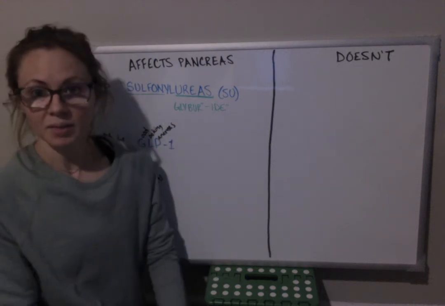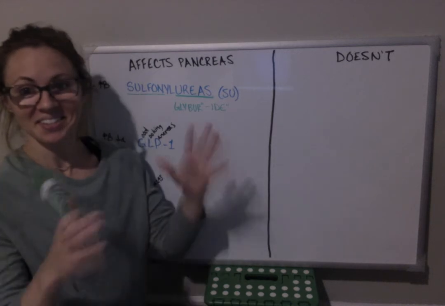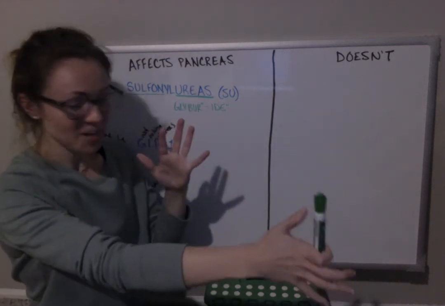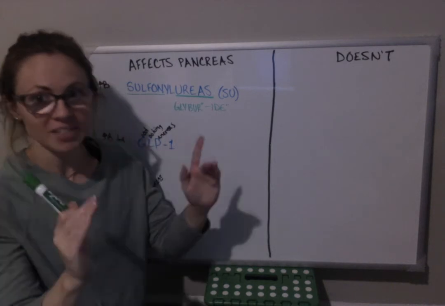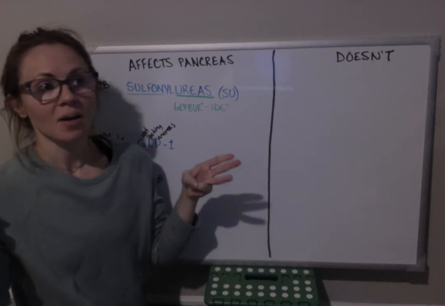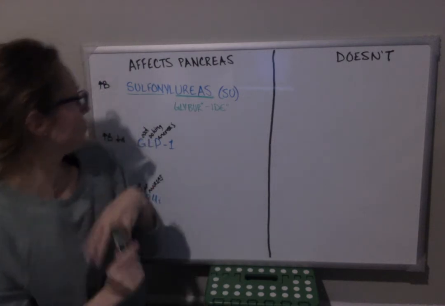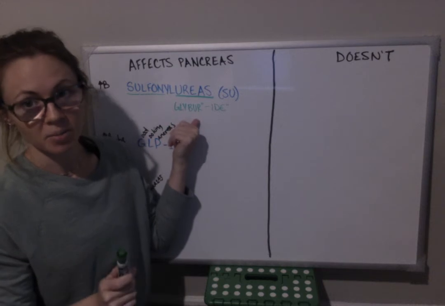So in conclusion to this tangent on sulfonylureas, it's a cell phone that's constantly causing your pancreas to secrete insulin. It can cause hypoglycemia because it's just a constant release. It can cause weight gain because of that constant release. And it's the one oral therapy that's available in pregnancy.